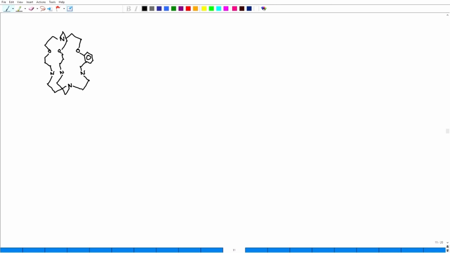Let me write like this. This is one of the receptors that we synthesized, and then we reacted it with anthryl bromide to get this compound.